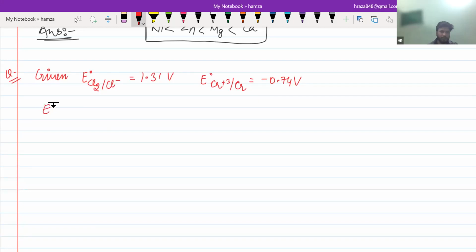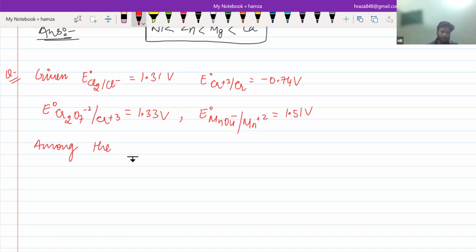It is also given that E naught Cr2O7 minus 2/Cr+3 is equal to 1.33 volt. And E naught MnO4 minus/Mn+2 is equal to 1.51 volt.